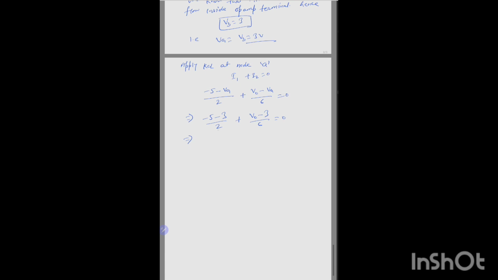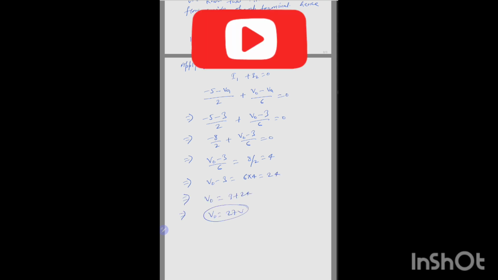And minus 5 minus 3, that is minus 8 by 2, plus V0 minus 3 upon 6 is equal to 0. And V0 minus 3 by 6 is equal to 8 by 2 is equal to 4. And V0 minus 3 equal to 6 into 4 is equal to 24. And V0 equal to 3 plus 24, and V0 is equal to 27 volt. This is the answer.